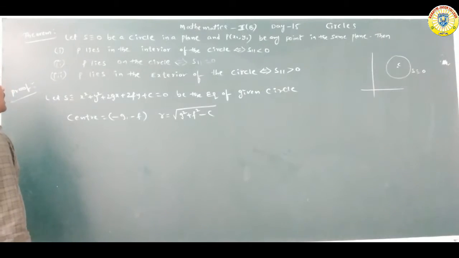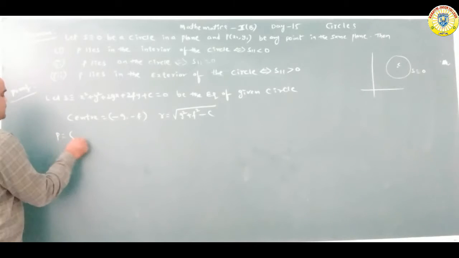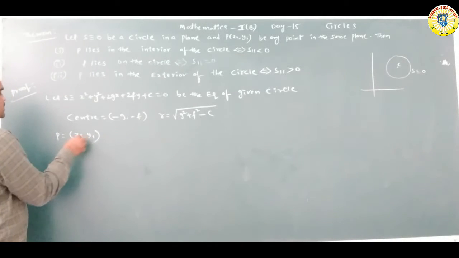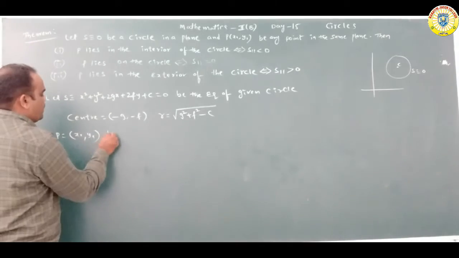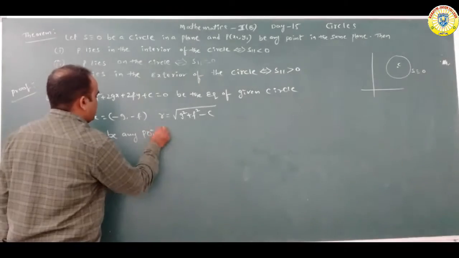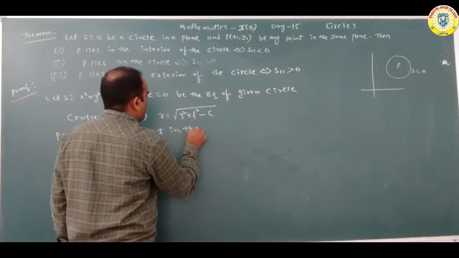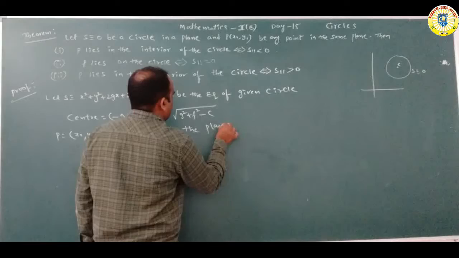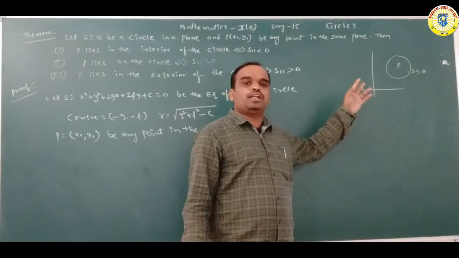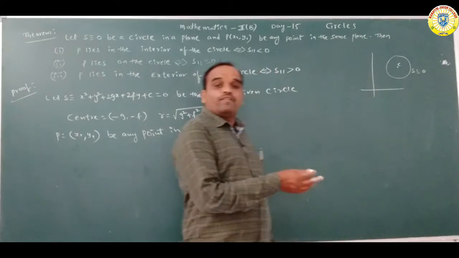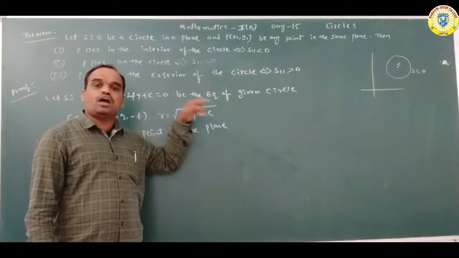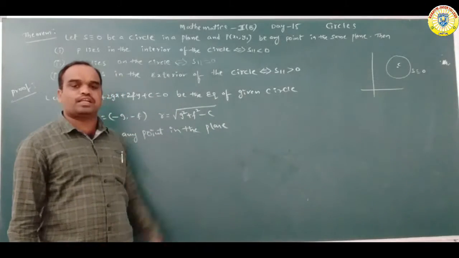Okay, now see here we are taking P is equal to x1 comma y1, be any point in the plane. Okay, now so with respect to the circle, the point P lies inside of circle or outside of circle or point on the circle.